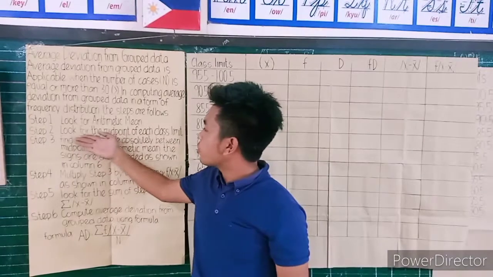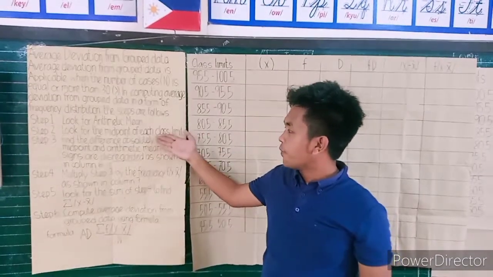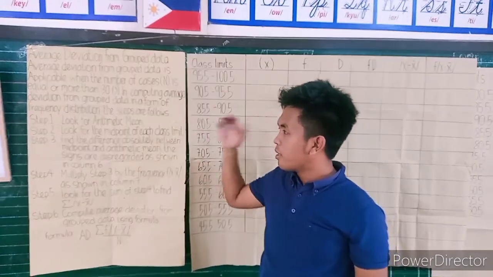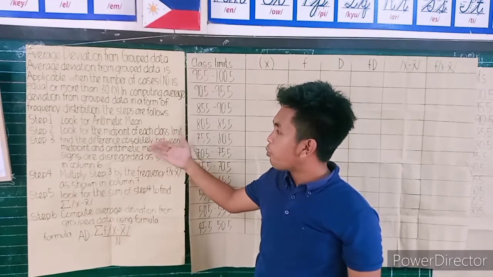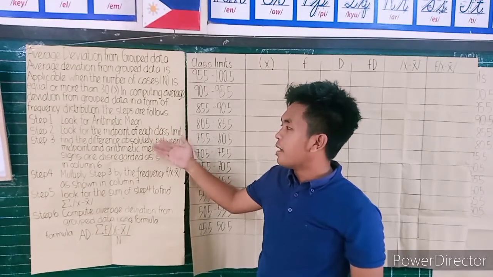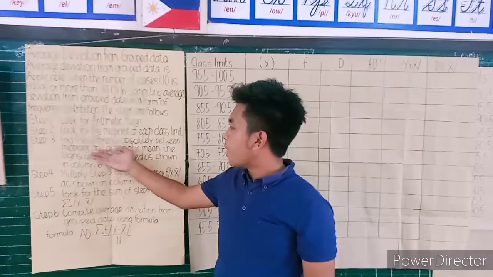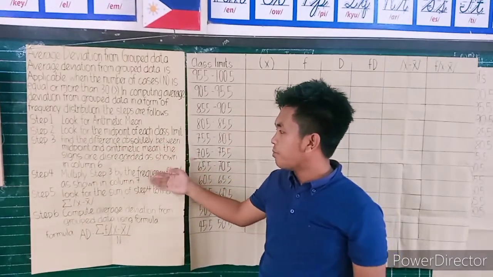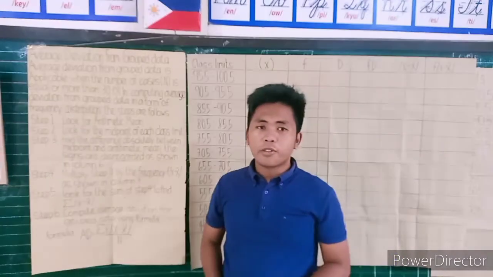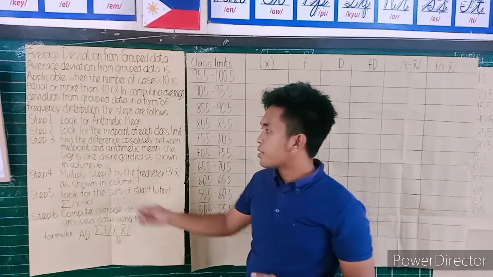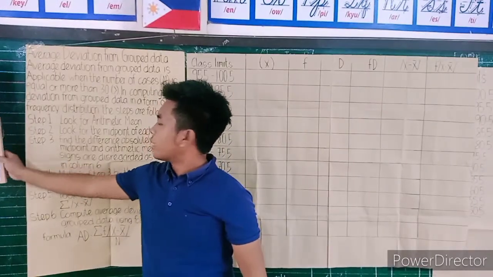We need to first look for the midpoint of each class limit, and also find the differences between the midpoint and the arithmetic mean. So we skip the arithmetic mean step for now.